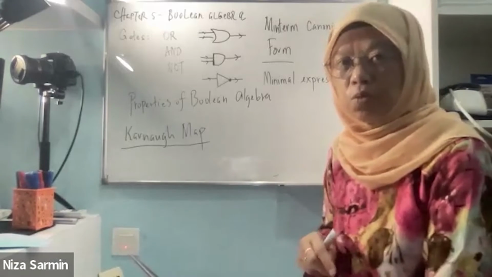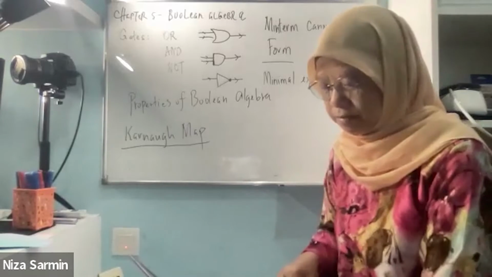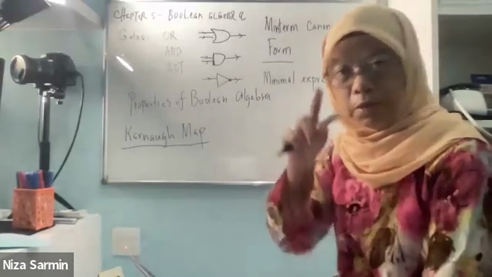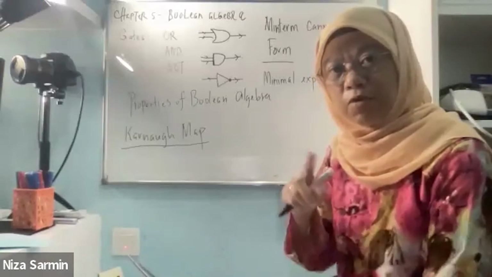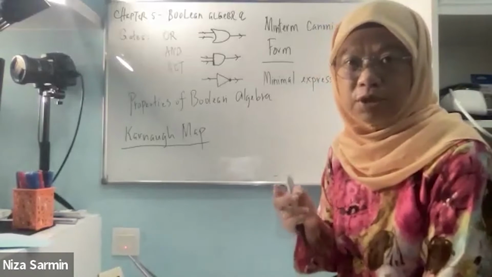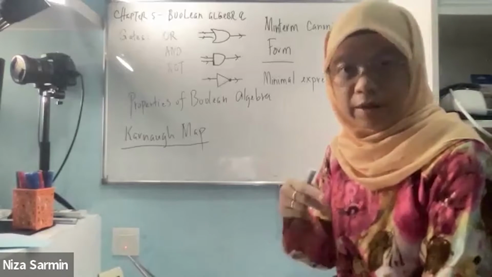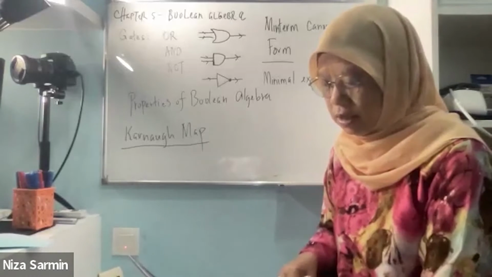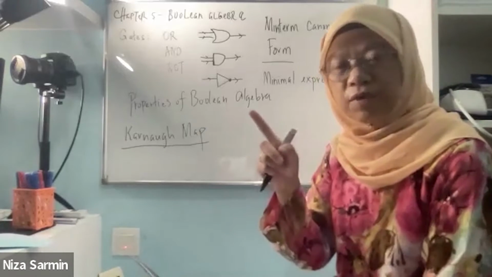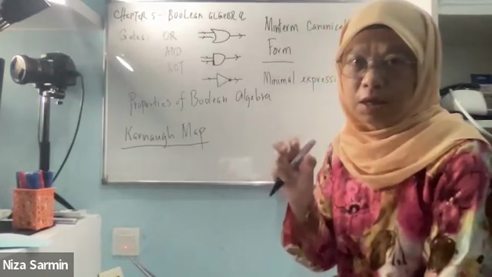So Karnaugh map will help us in simplifying the Boolean expression. So you remember, look at your notes, your Karnaugh map of 2 inputs, right? And you also have for 3 inputs, X, Y, Z, in which we have the not with the prime, okay?